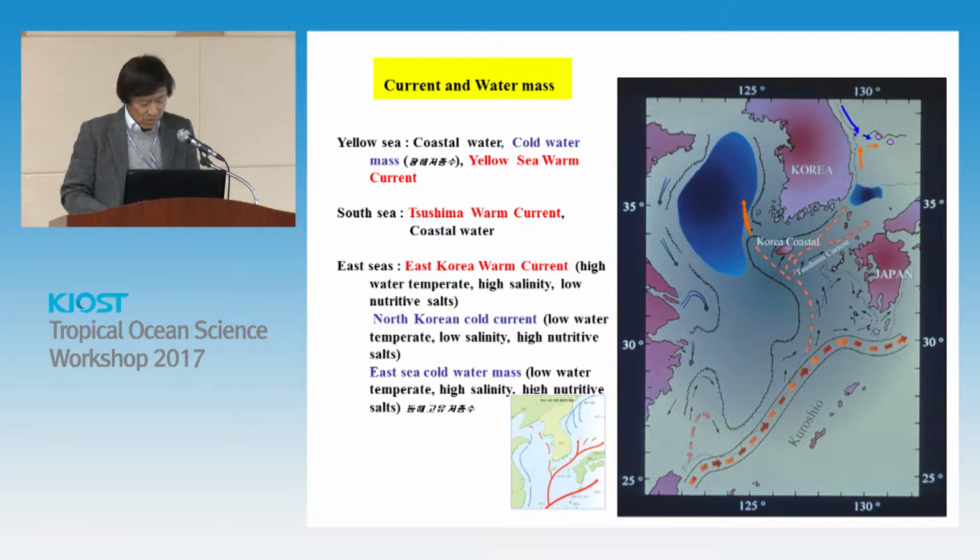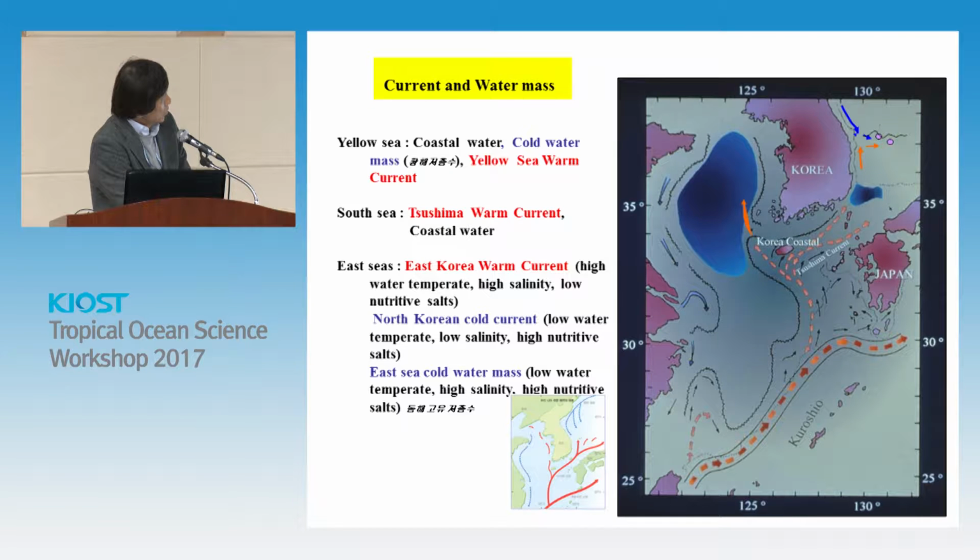As you know, the Korean Peninsula is surrounded by very different water masses and water currents like this. The Kuroshio flows from the south to the South Sea of Korea, and the cold water current, named the North Korean Current, flows from the north along the coast of the East Sea and meets here.